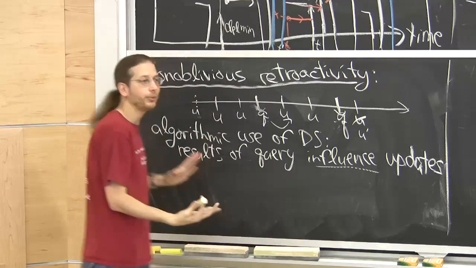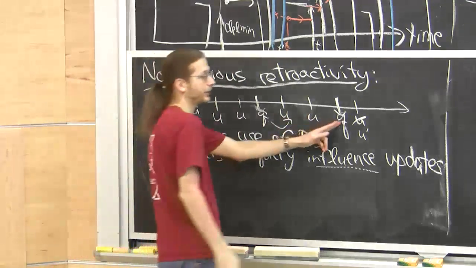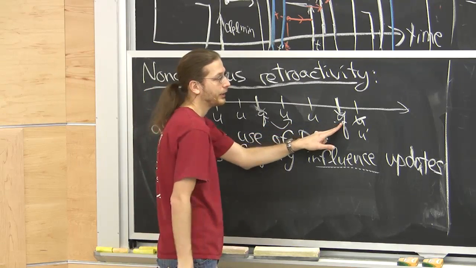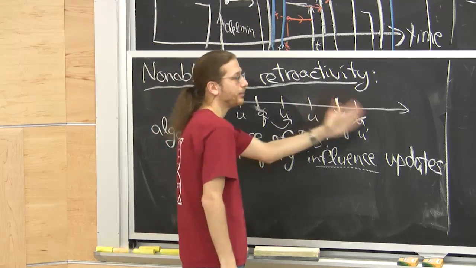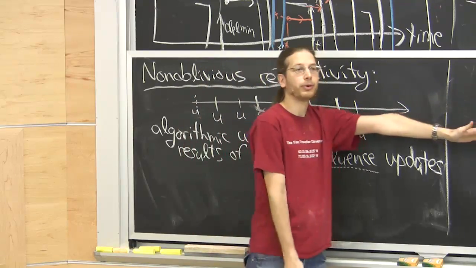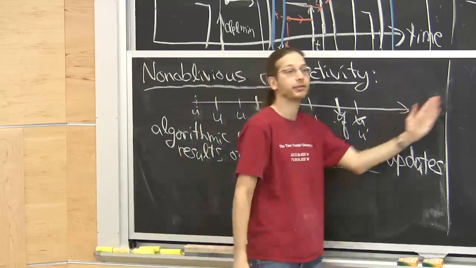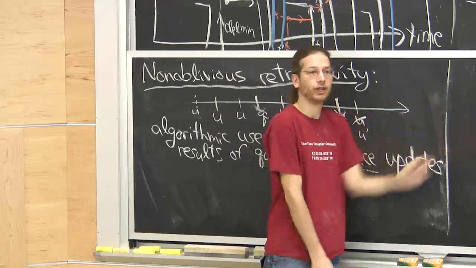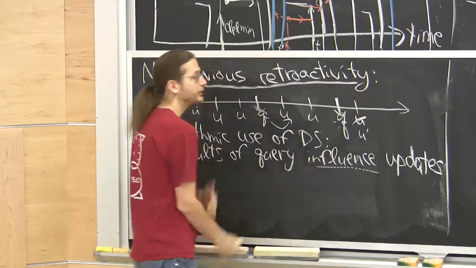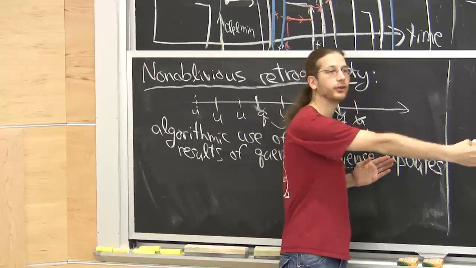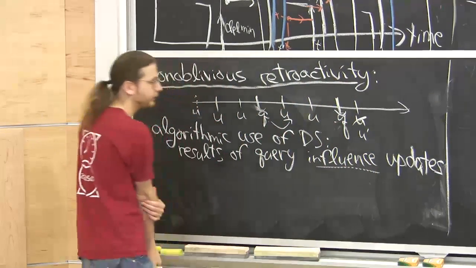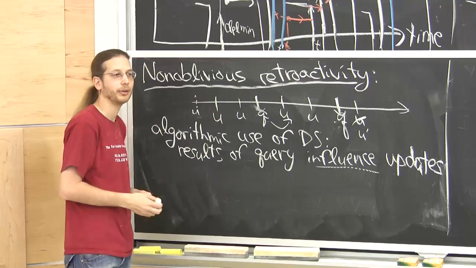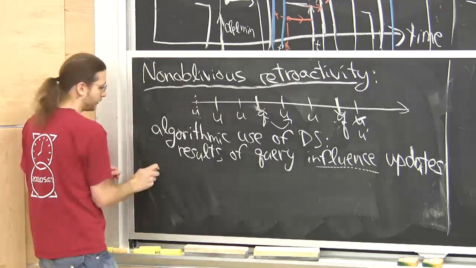So in general, what we assume the algorithm does is it looks at the first error reported by our data structure, and then it may make various changes from that point onward, but always monotonically left to right, as if it was rerunning the algorithm, but just changing what needed to change until all the errors are resolved. All the queries have been corrected to their right answers. Then it can do whatever it wants. Then it can do a retroactive operation anytime in the past. Okay, so this is an assumption.